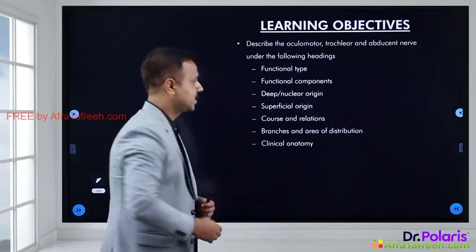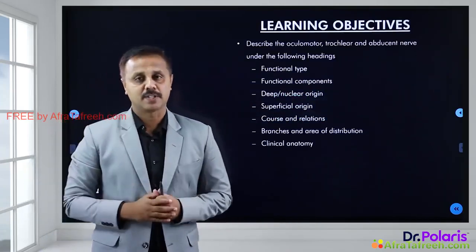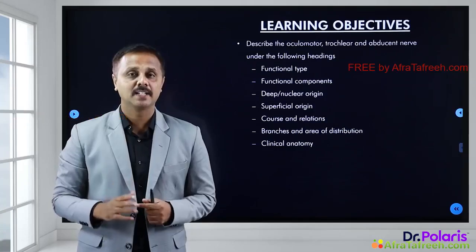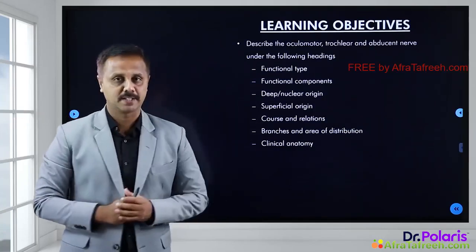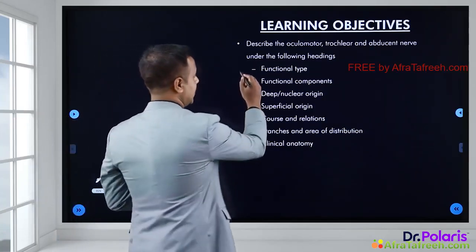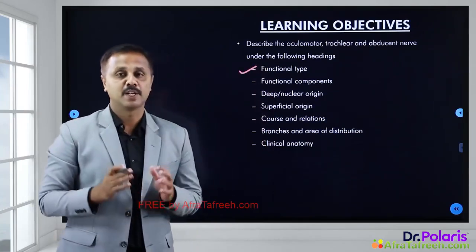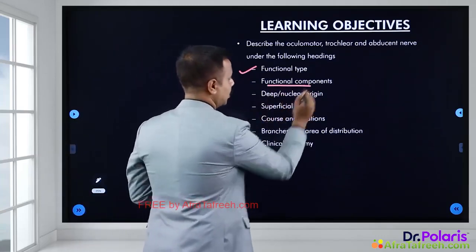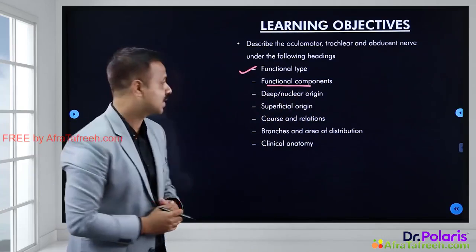The learning objectives for this session will be, at the end of this session, you should be able to describe the oculomotor, trochlear and the abducent nerve under the following headings. First, the introduction, where you describe the number of cranial nerve and the function type. Then the functional components, what functional components are present in it.